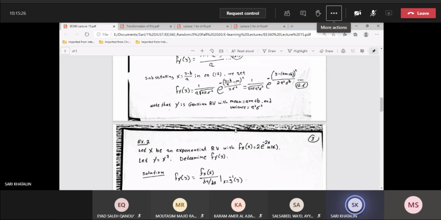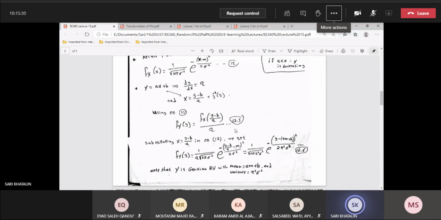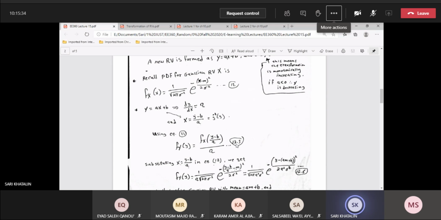Now, if we compare this equation, equation 20, and equation, where is it? Right here, equation 12.3. The only difference was there's a negative sign inside the fx, in the x, negative sign right here.